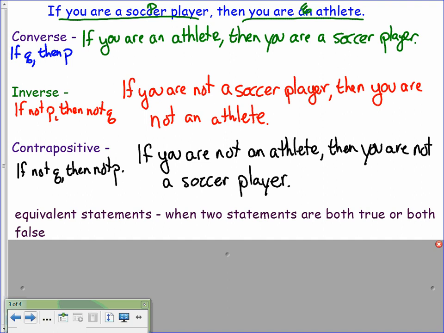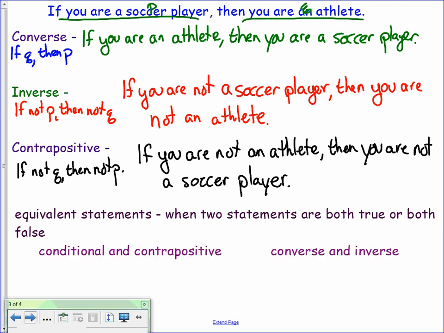Equivalent statements are two statements that are both true or both false. And what happens is they work in pairs. So the contrapositive and the conditional are a pair, as well as the converse and the inverse.